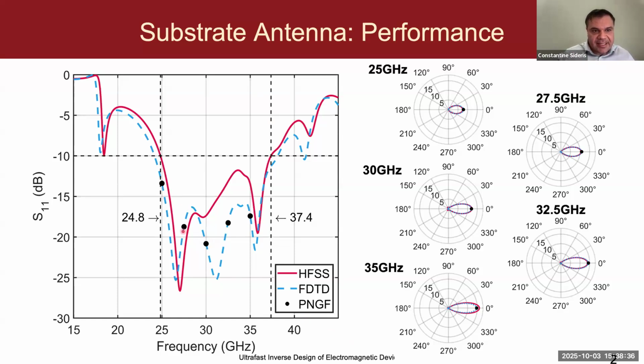And you can see that the predictions from the PNGF method fall exactly on top of the finite difference time domain simulation. And of course, for verification, we used an extremely refined grid with HFSS to show that, indeed, this design is electromagnetically sound. And on the right here, we also show the radiation patterns at each of these frequencies.